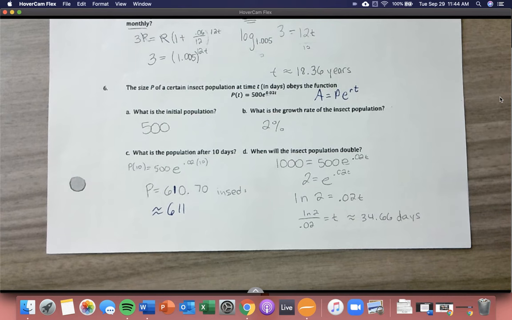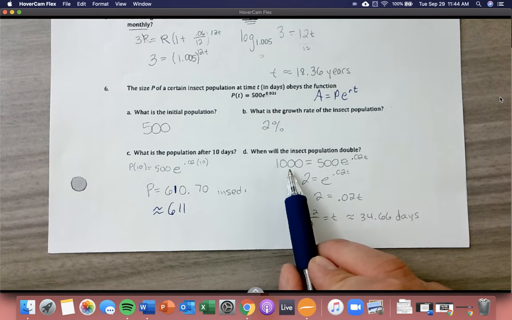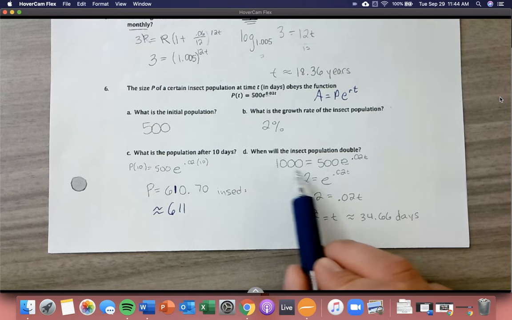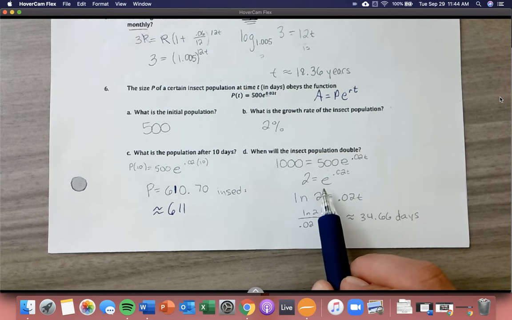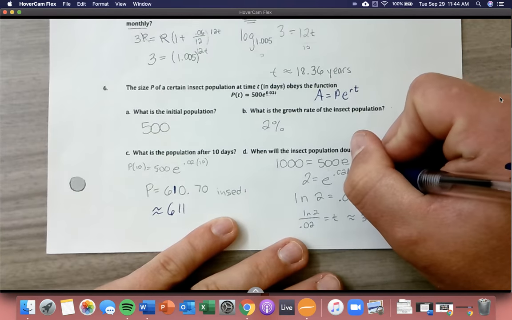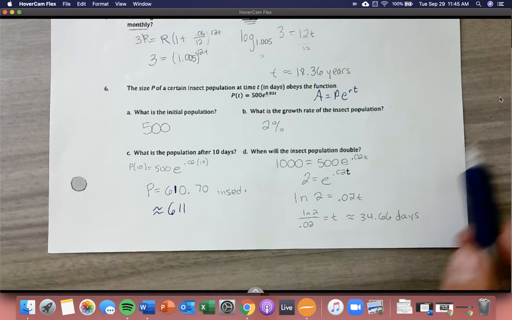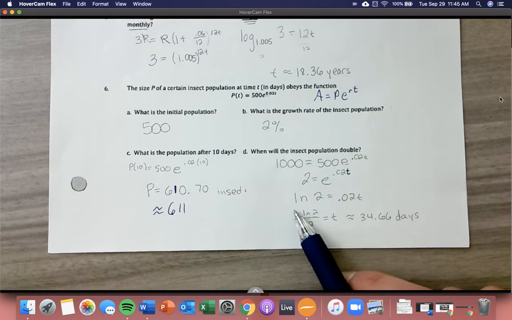And then D is when will the insect population double? If we're starting with 500, it's asking when is it going to be 1,000. So we divide this 500 over. We get 2 = e^(0.02t). Here we can convert it to natural log form, because log base e is just the natural log.